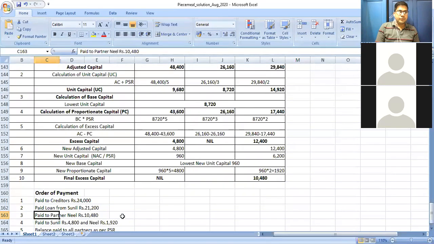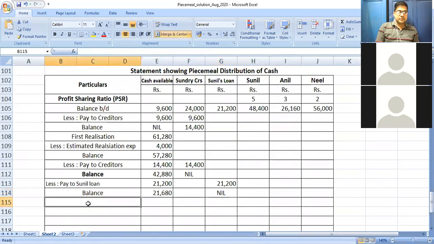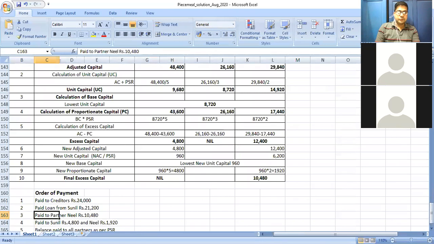So we will write: less, paid to partner Nil, 10,480.